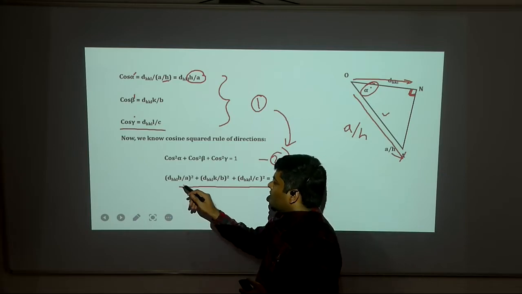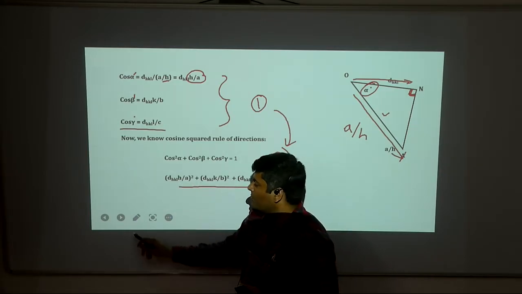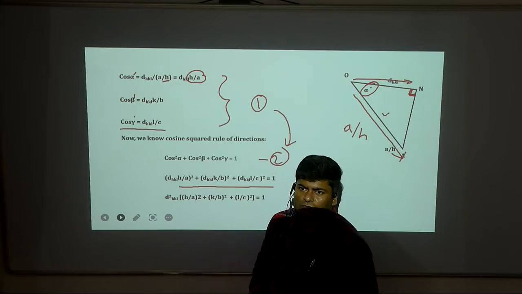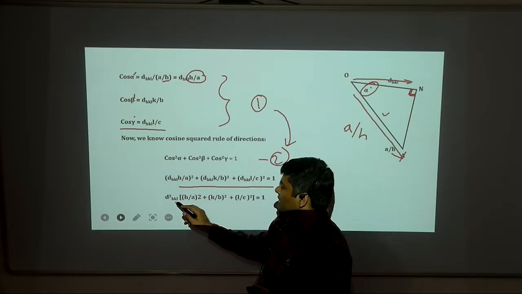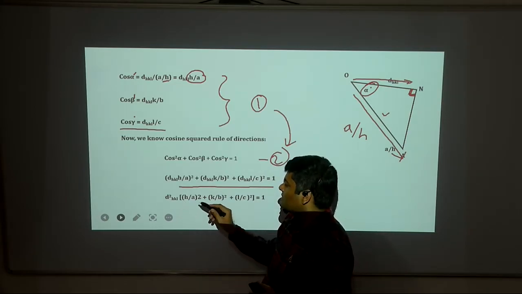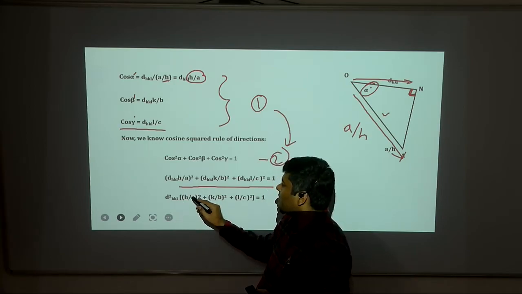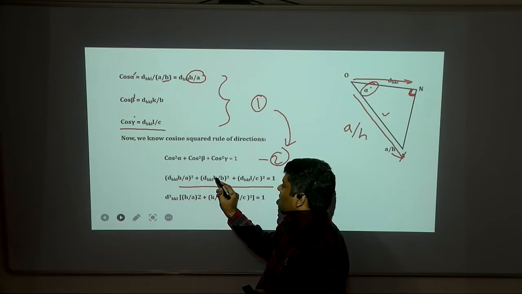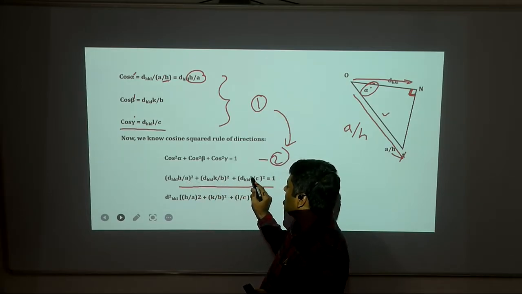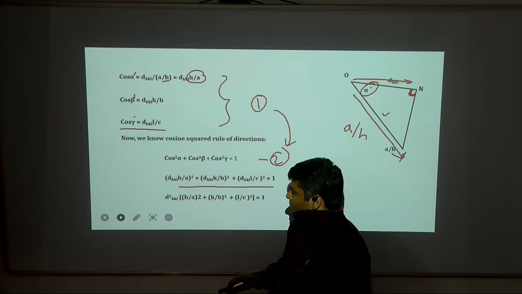As d_hkl is common everywhere, we can take it out of the bracket. So d square hkl comes out of the bracket, and in the bracket h square upon a square plus k square upon b square plus l square upon c square remains, equal to 1.